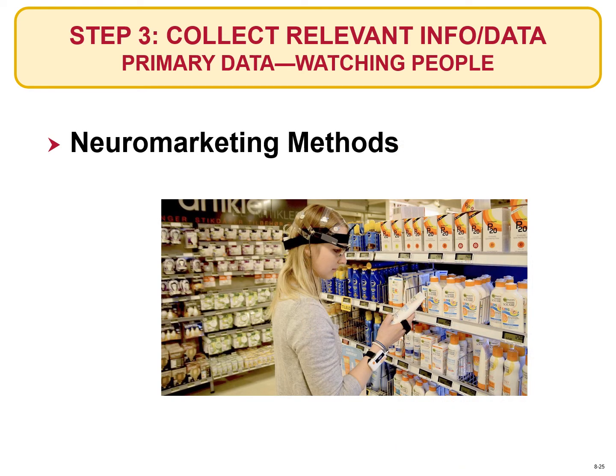Then we also have neuromarketing methods in which basically you observe responses to non-conscious stimuli. Remember we talked about how it's difficult to capture the latent motives. So in order to capture the things that even the consumer doesn't know about, the unconscious stimuli, we want to capture those using neuromarketing methods.